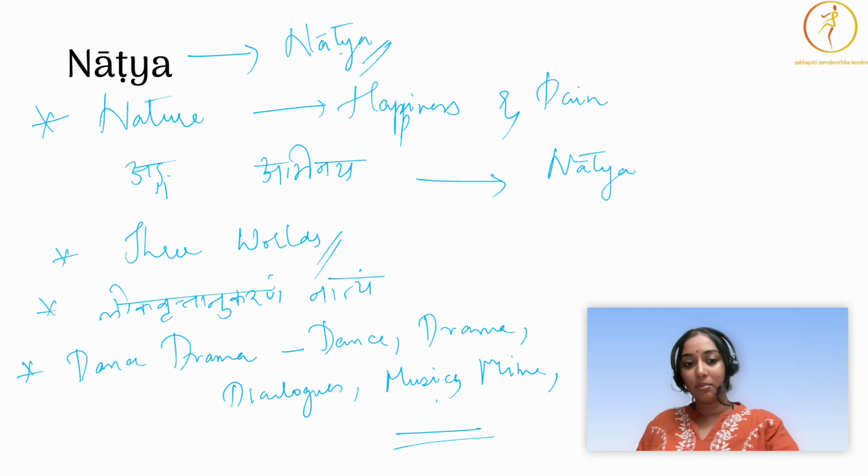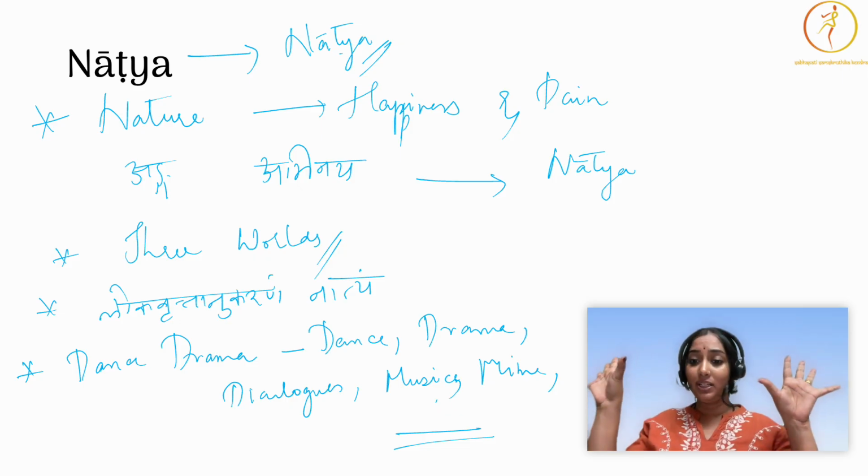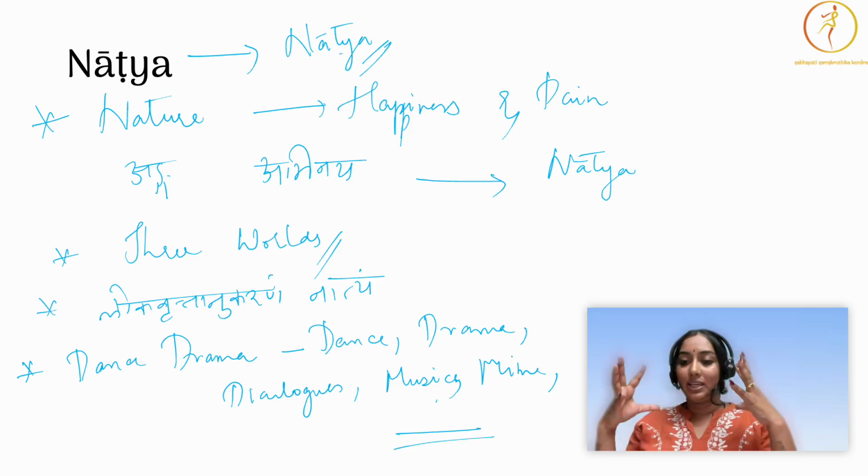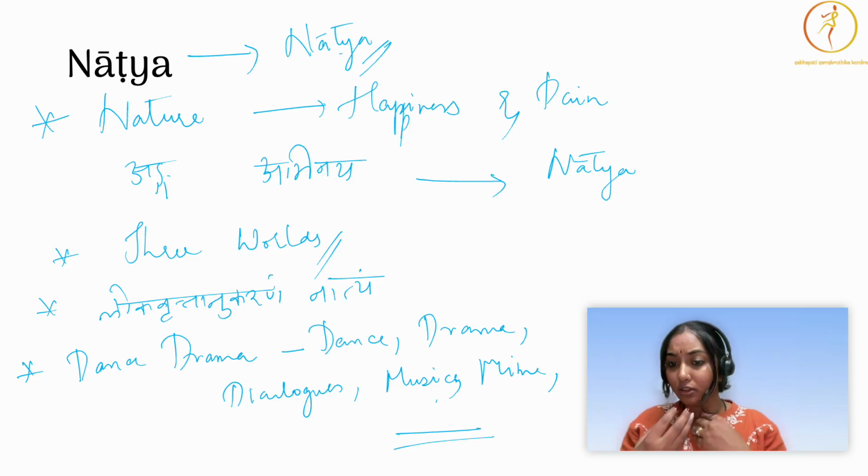We will not touch that, but it is the reality of the world which is represented through the actor, the actor's movements, the actor's other forms of abhinaya, is Natya.